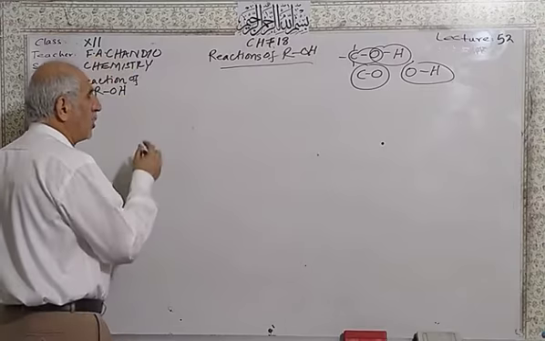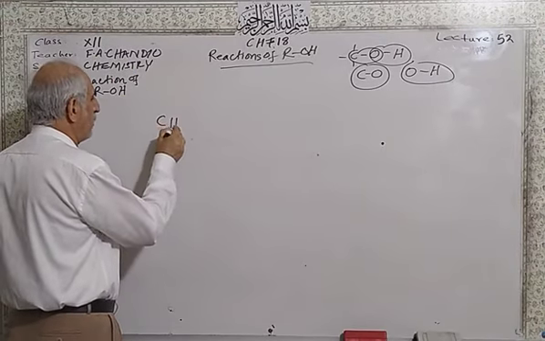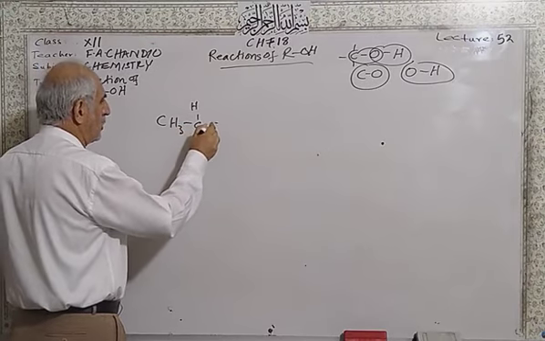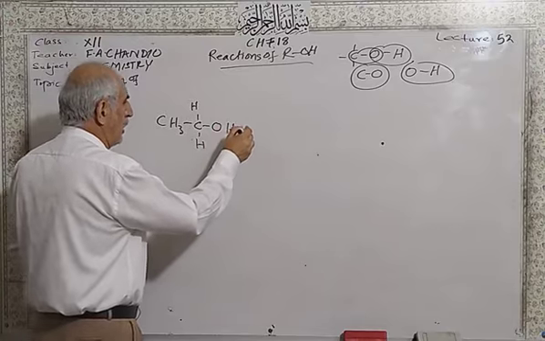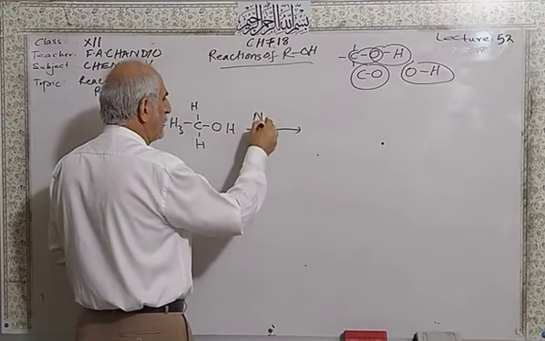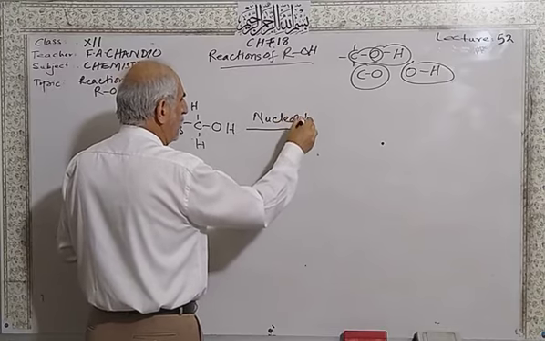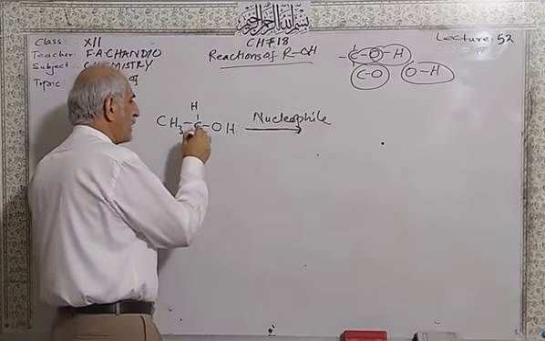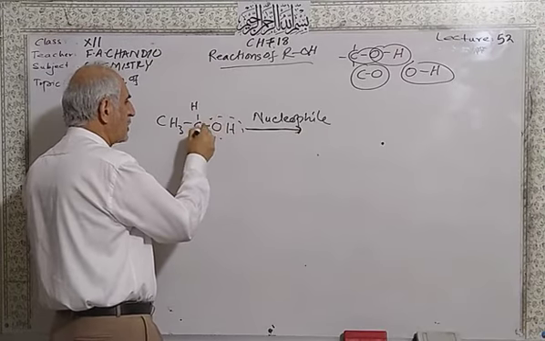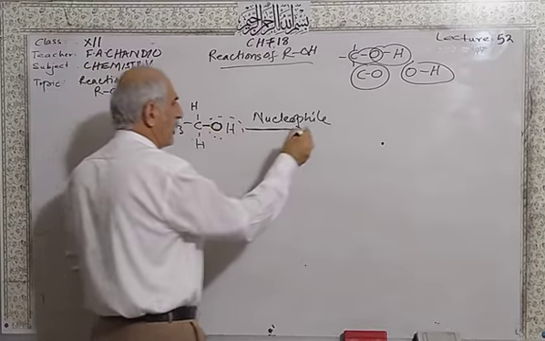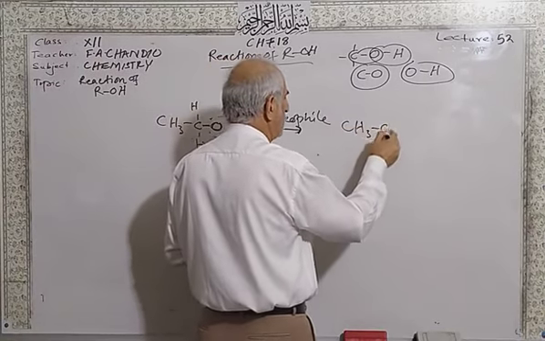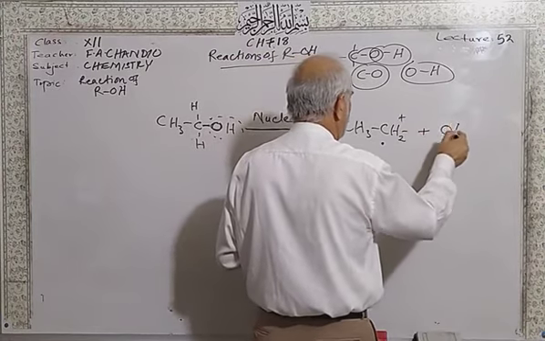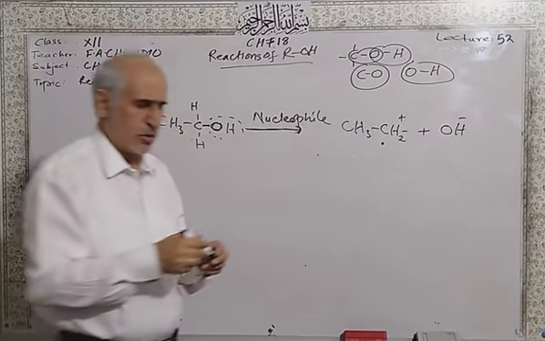This is the alcohol, and if you are using the attacking group as a nucleophile, then this carbon-oxygen bond is going to be broken down. So you will get the alkyl group and OH is going to be substituted.